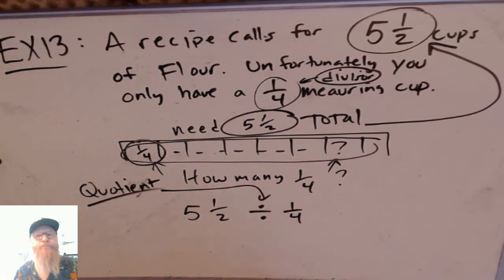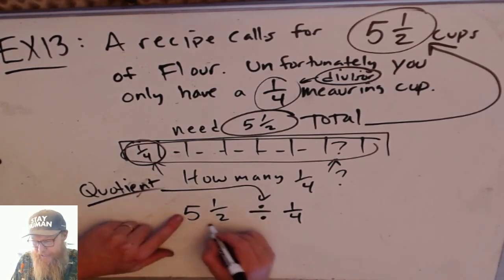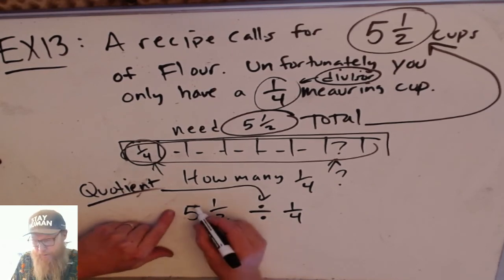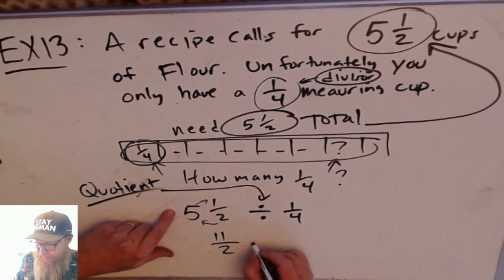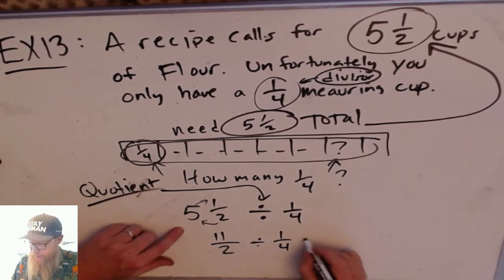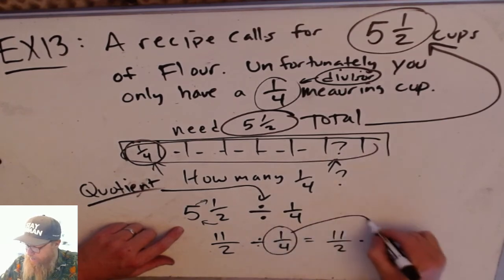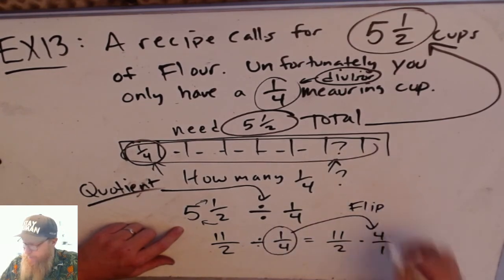And there you go. So 5.5. You go 2 times 5 is 10 plus 1. That's 11 halves. Divided by 1/4. That's 11 halves times 4/1. Remember to flip.